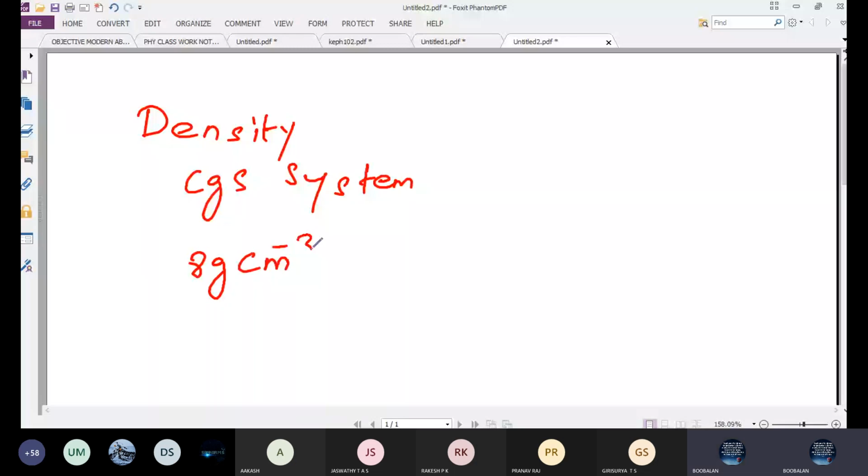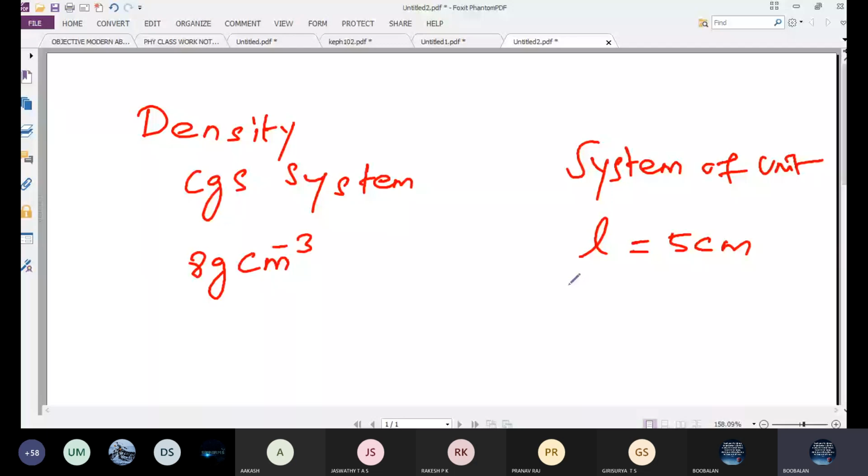In a system of unit in which the unit of length is 5 centimeter and the unit of mass is 20 gram, what is the density of the material?